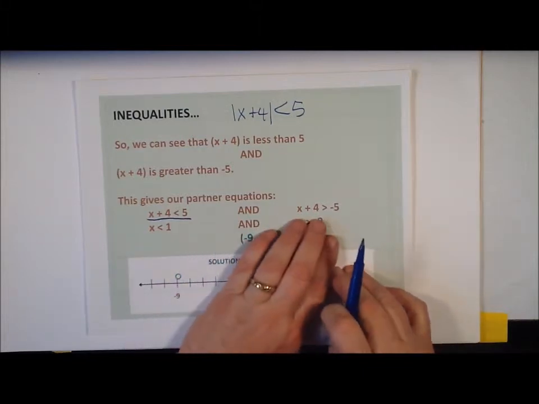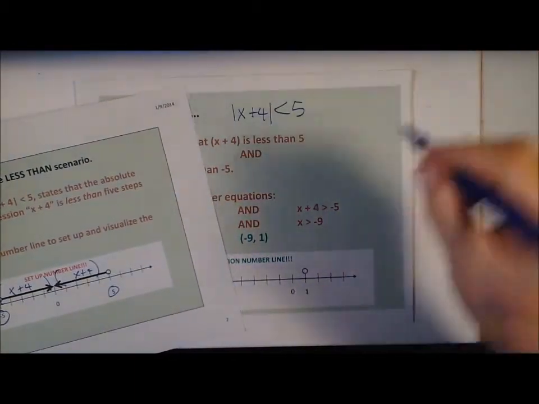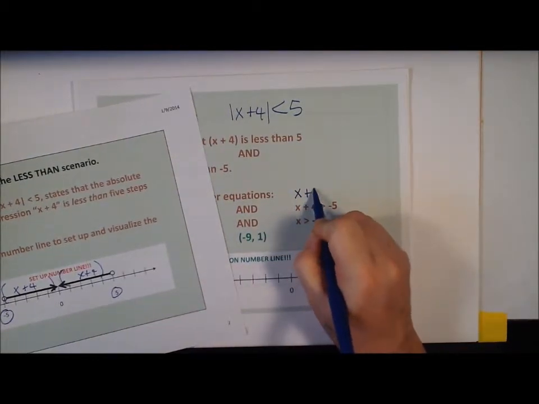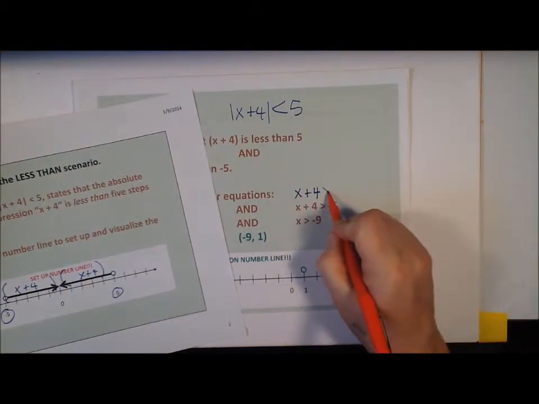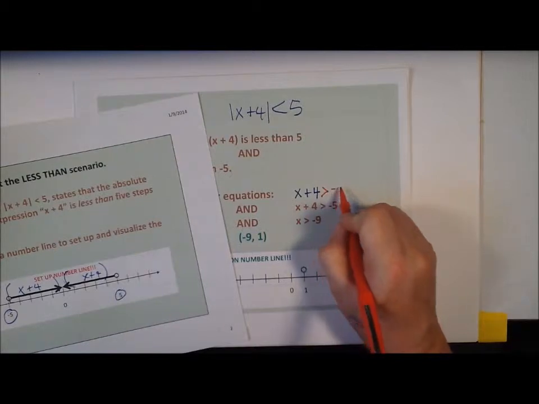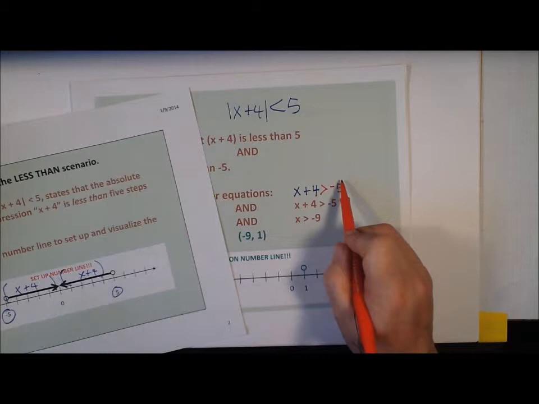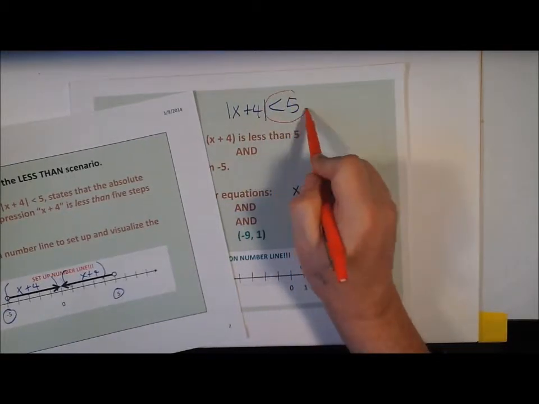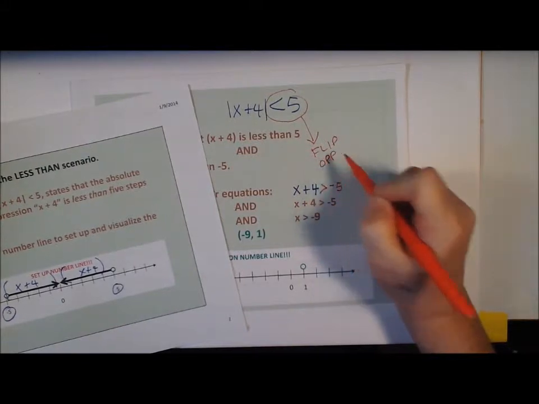And then I took it and I flipped it, because remember we have to take care of this part. And what you do when you write that, you write the original expression and then you flip. Here it's less than, I'm going to make it greater than negative 5. So flip the inequality and the sign of the number.